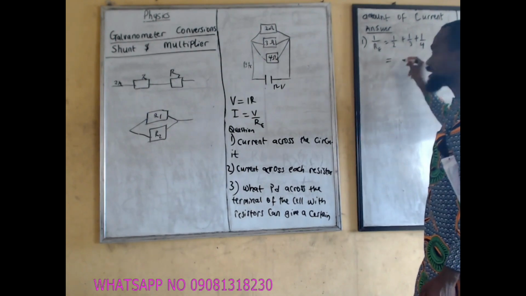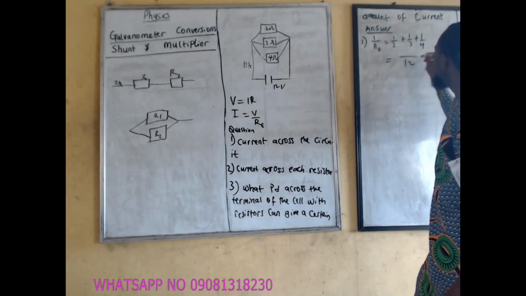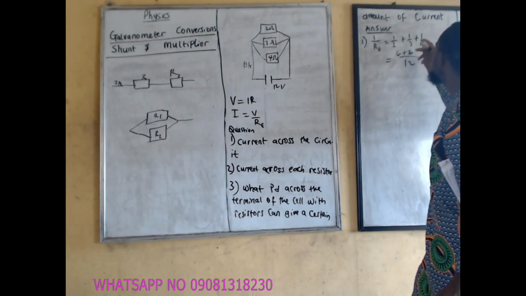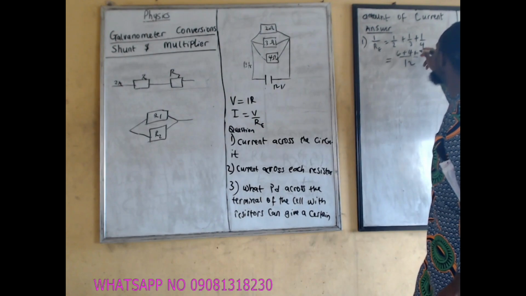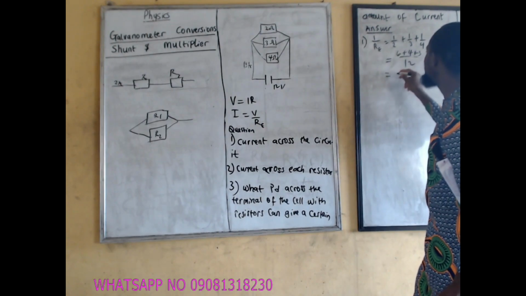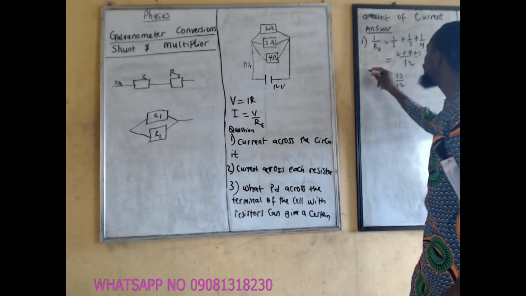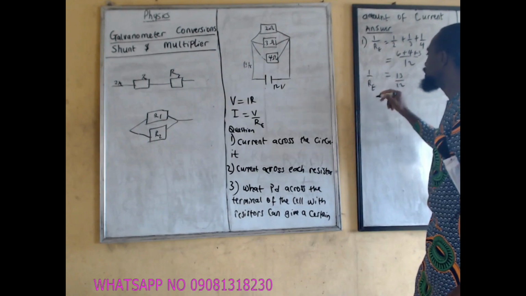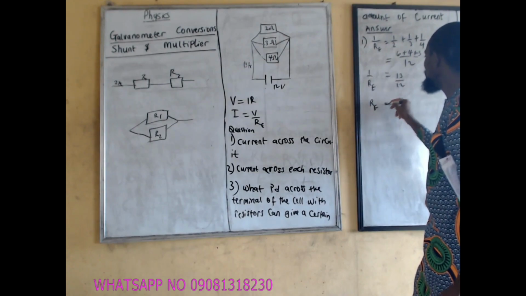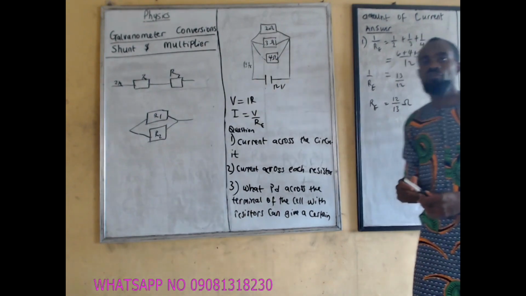If you take the LCM, it is 12. 6 plus 4 plus 3, which should give us 13 over 12, which is 1 over R_E. Now R_E will be equal to 12 over 13 ohms.